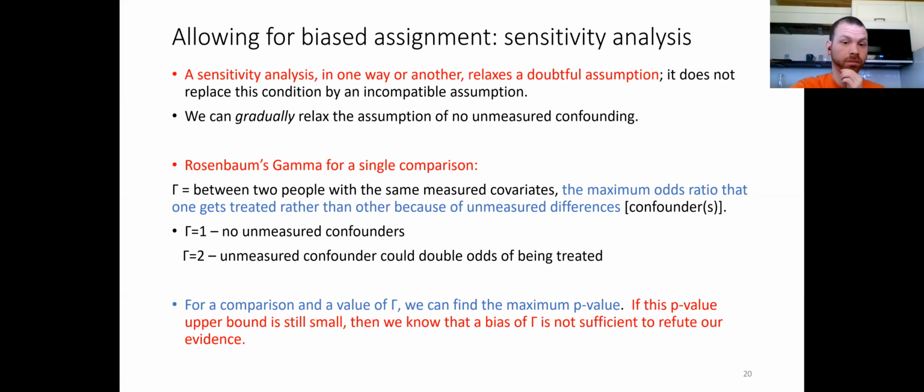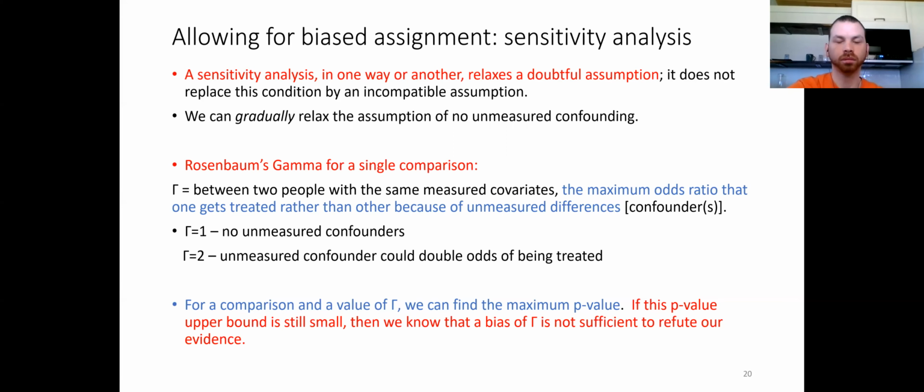In a sensitivity analysis, given a comparison and given a value of gamma, we can find the maximum possible value of the p-value. In other words, we can calculate the evidence that still remains if we allow that kind of relaxation of our unmeasured confounding assumption.